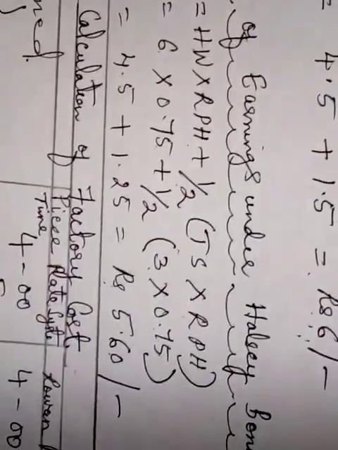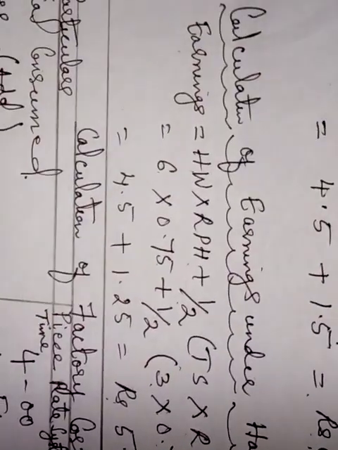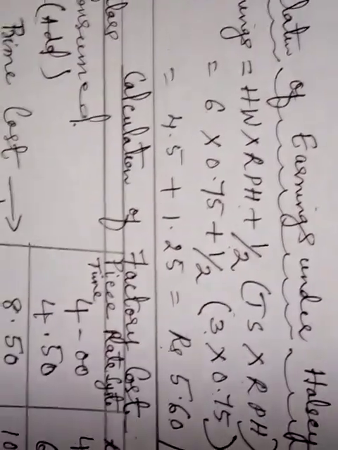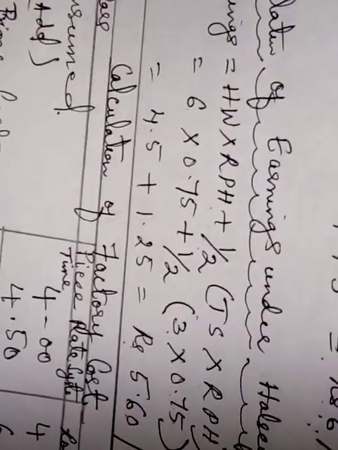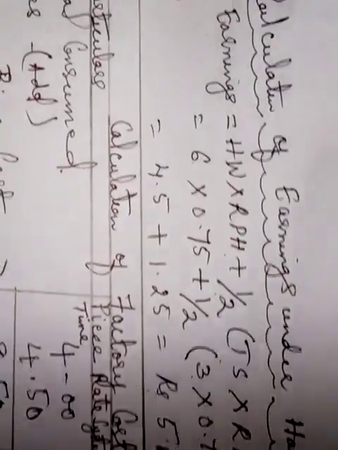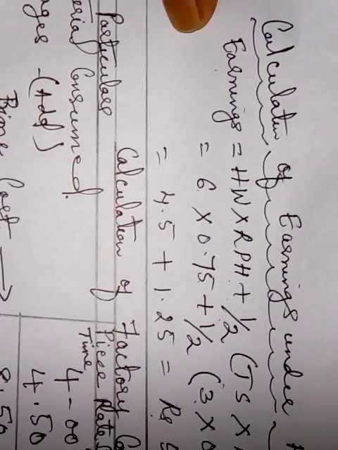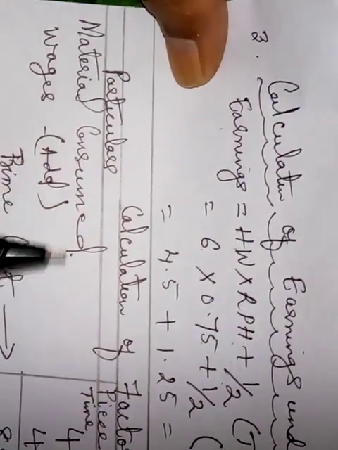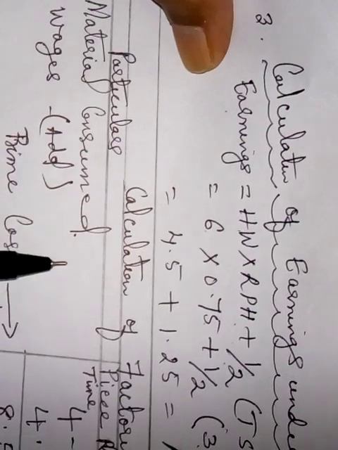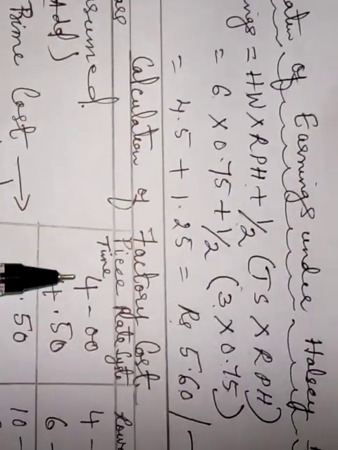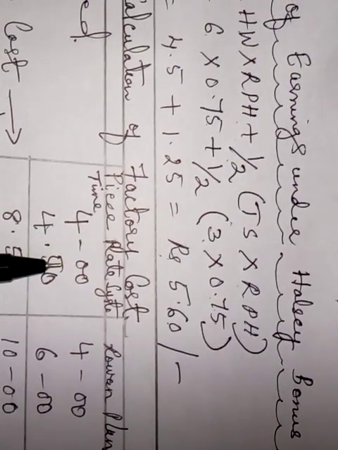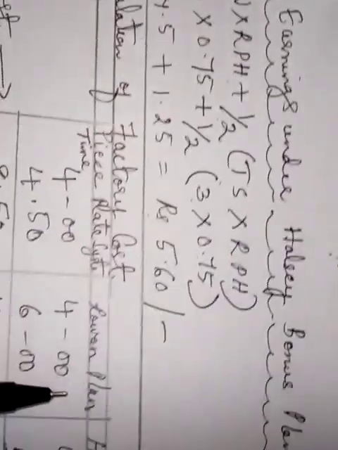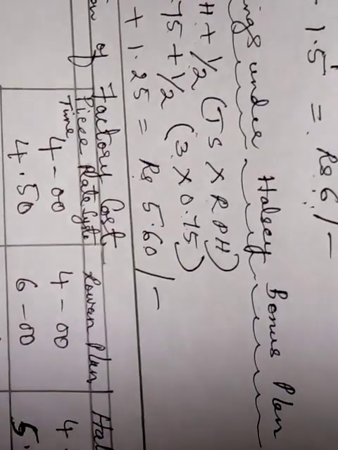Now the next calculation required in this problem is the factory cost. Factory cost calculation can be done considering the material consumed given in the problem. Material consumed is rupees 4 under the time rate system, rupees 4 under Rowan's plan, and rupees 4 under Halsey plan.